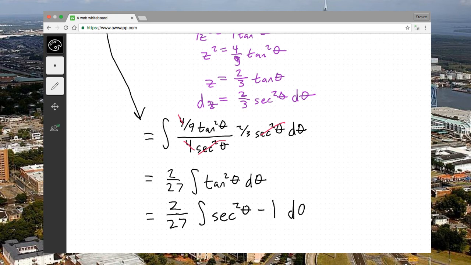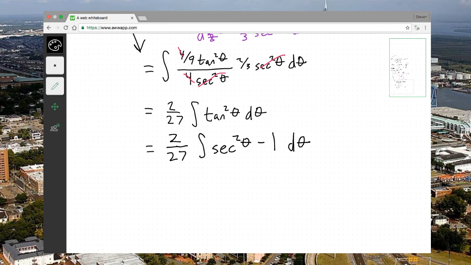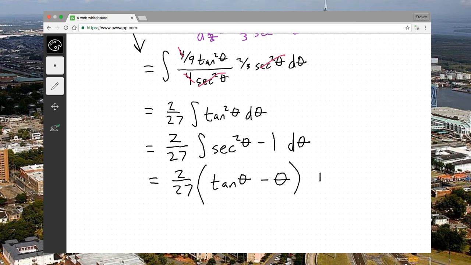And that I can integrate. Secant squared is the derivative of tangent. And 1 integrates to theta, because theta is my new variable. Add a plus c because it's a general antiderivative.